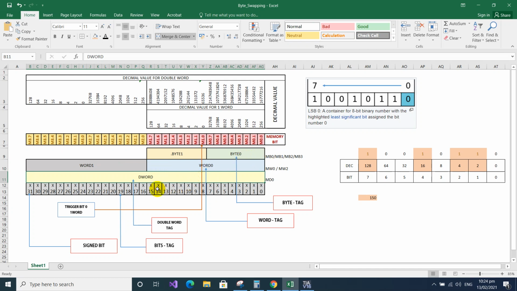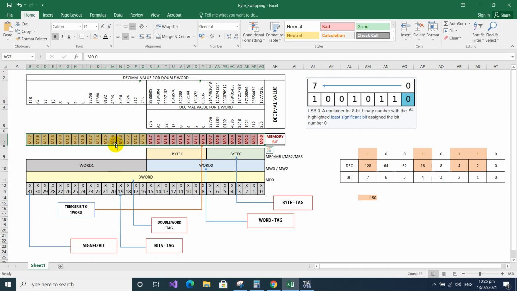Okay, now if we apply this in Siemens, typically you are using these bits. New programmers in Siemens only use bits. Now, you want something more interesting.